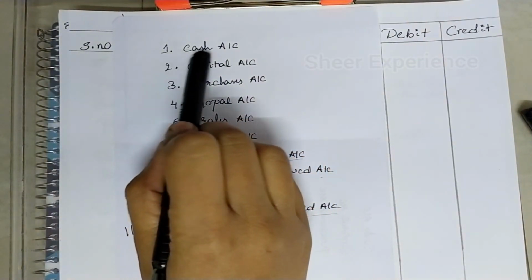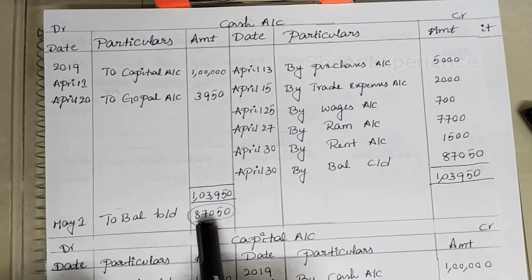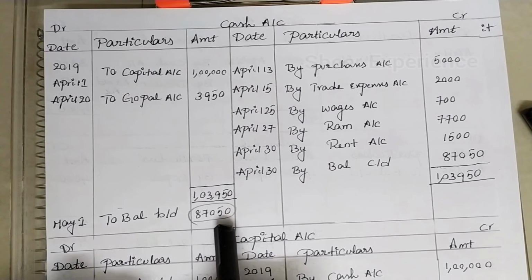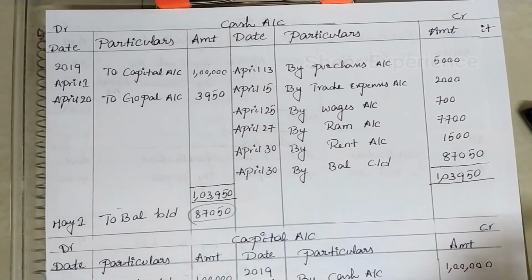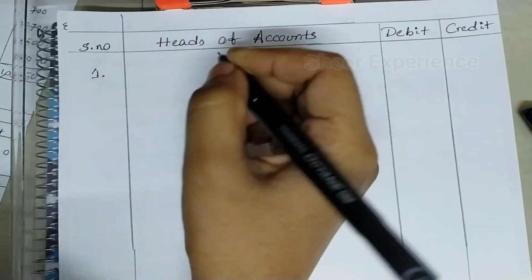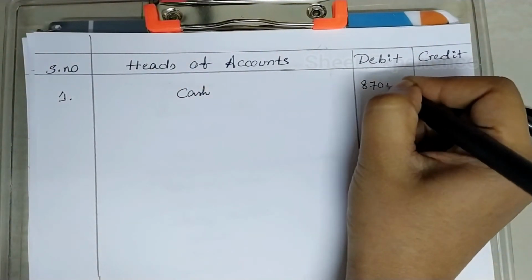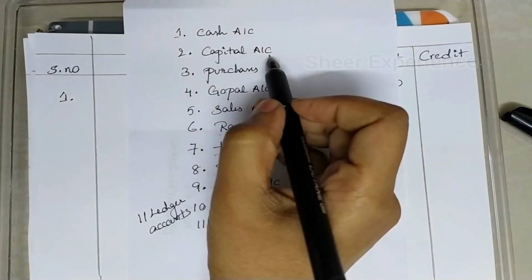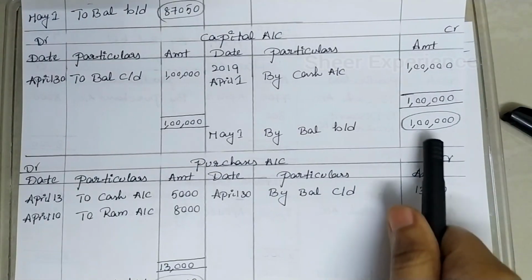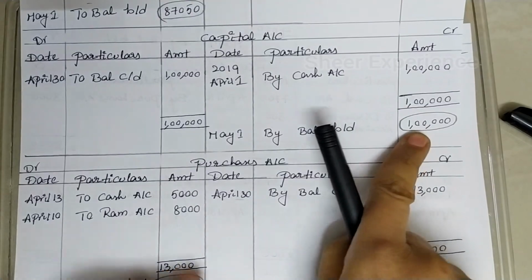Our first account is cash account and the cash account balance is 87,050. So this balance we have on the debit side. So we will mention the amount in the debit column of the trial balance. Our second account is capital account. Capital account balance is on the credit side.